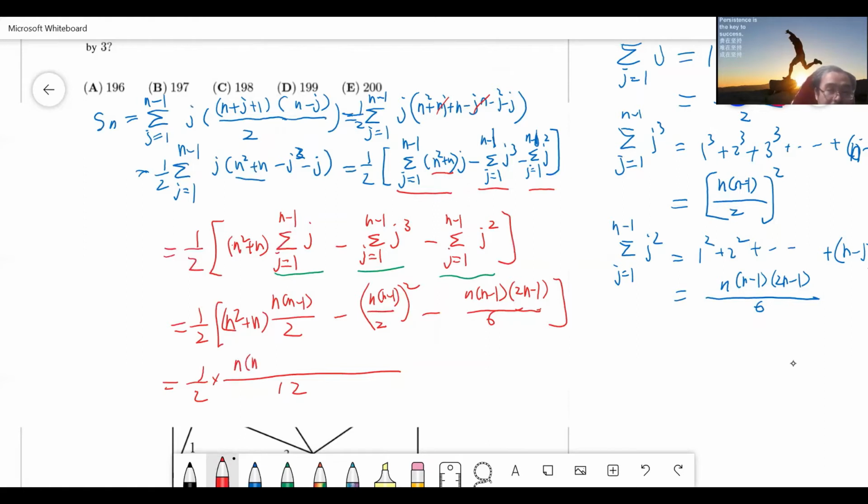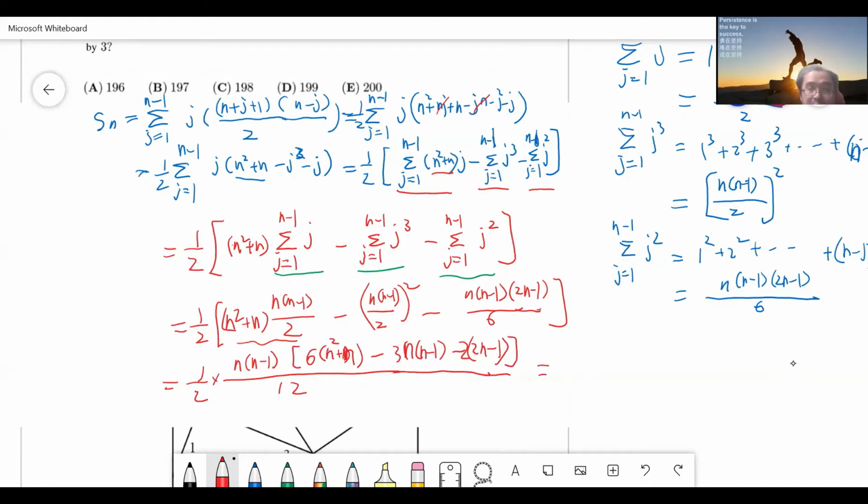Inside we're going to have 6 times n plus 1 times n, so that's 3n times n minus 1, then minus 2 times 2n minus 1.